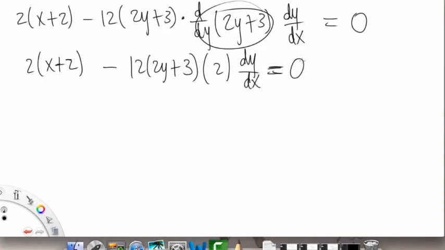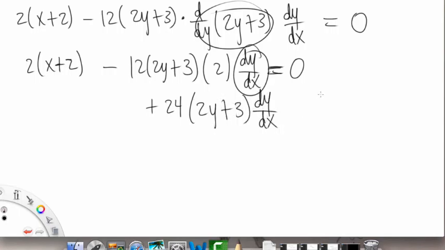We've simplified as much as we can, taking the derivatives, and now we'll get dy/dx by itself. To do so, I'm going to add all of this over to the other side. I'm going to combine the 12 and the 2, which multiply to get 24, then we get (2y + 3) dy/dx, and we do the same thing on the right side.